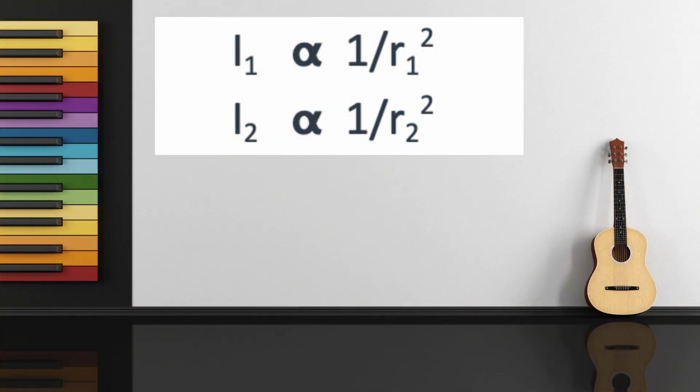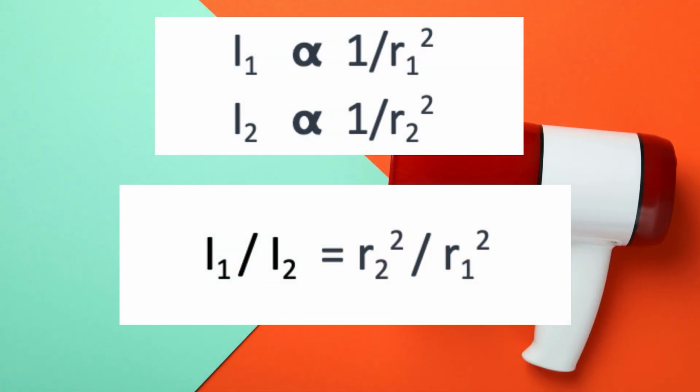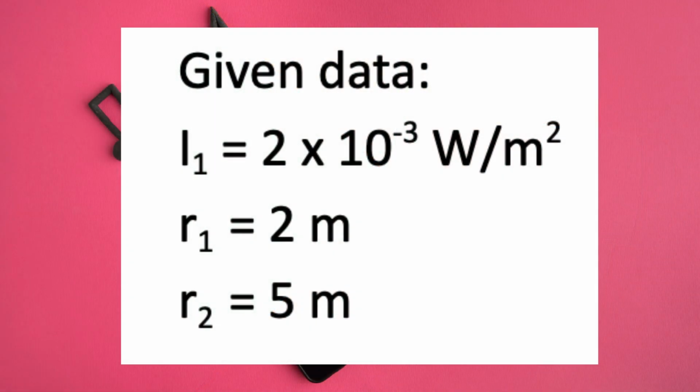So since we have I1 proportional to 1 over R1 squared and I2 proportional to 1 over R2 squared, we can combine these two and write it as I1 divided by I2 equals R2 squared divided by R1 squared. Now, the given data says I1 equals 2 times 10 to the negative 3 watts per square meter.